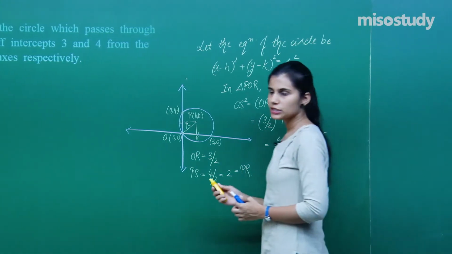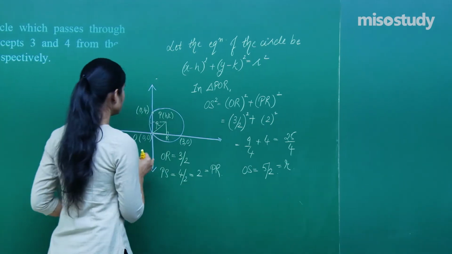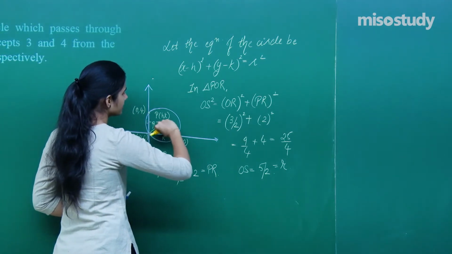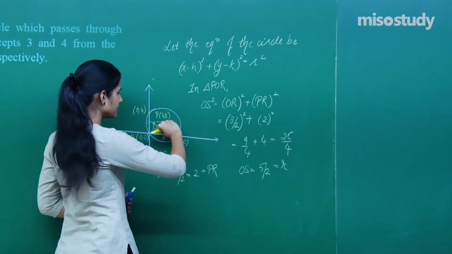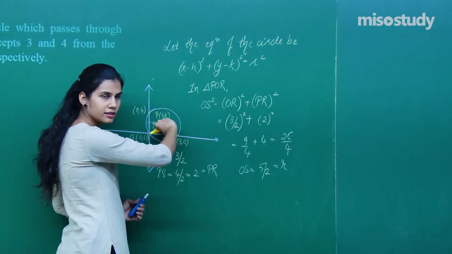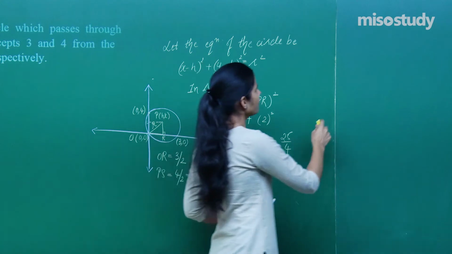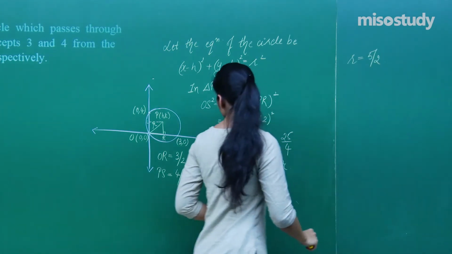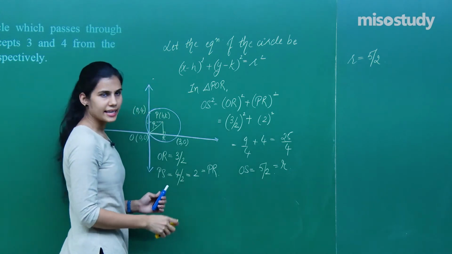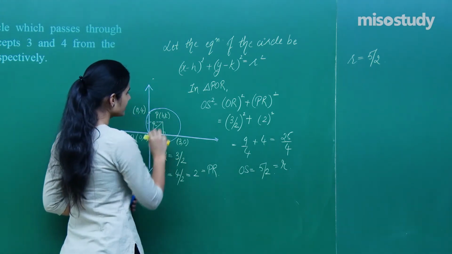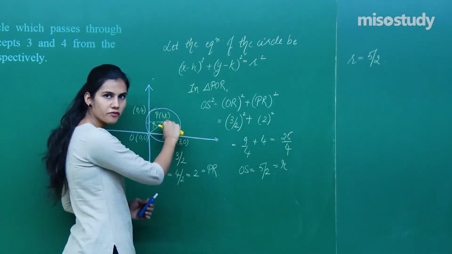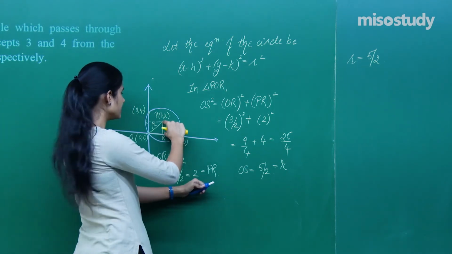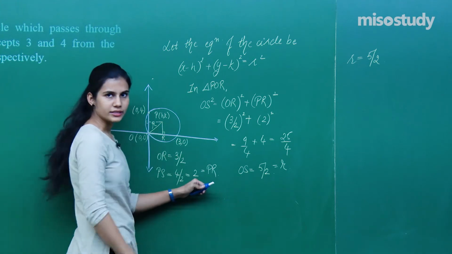What will be the coordinates of my center? This complete distance is r, and this is my k, isn't this k? If I have my r as 5 by 2, what is my k? K is the y coordinate of the center and this is exactly equal to 2, because this itself is my quantity k.